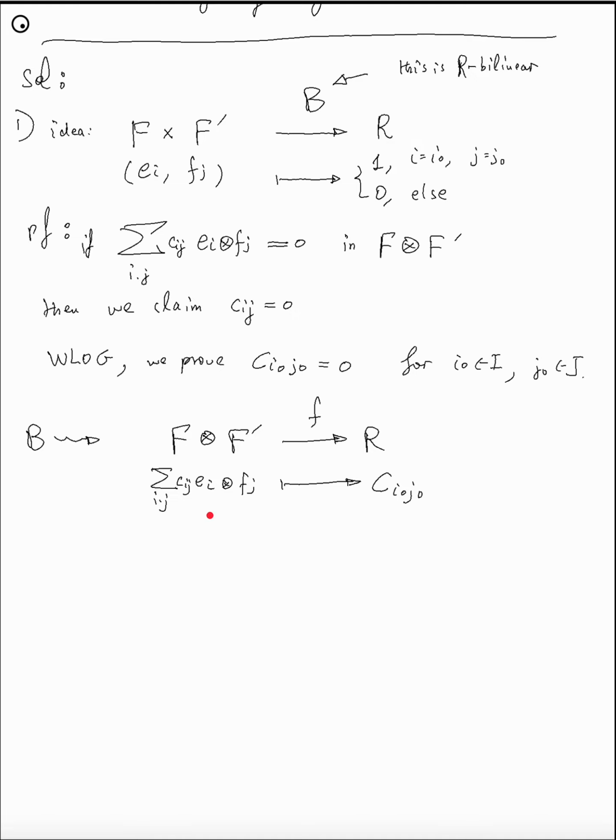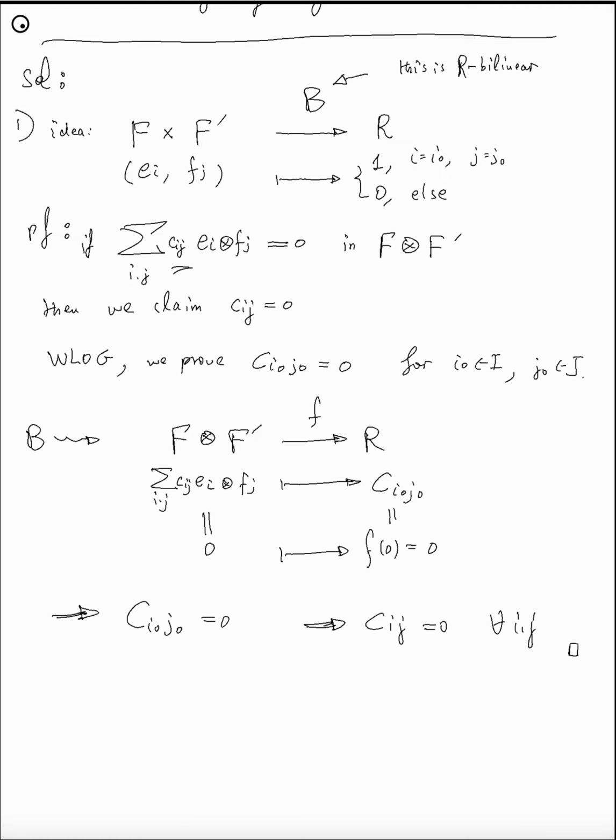And in particular, if this sum is 0, then it is mapped to f(0), which should be 0, but it is also c_i0 j0. So this implies c_i0 j0 equals 0. By the generality, this implies that actually c_ij equals 0 for any i, j expressed in this expression.